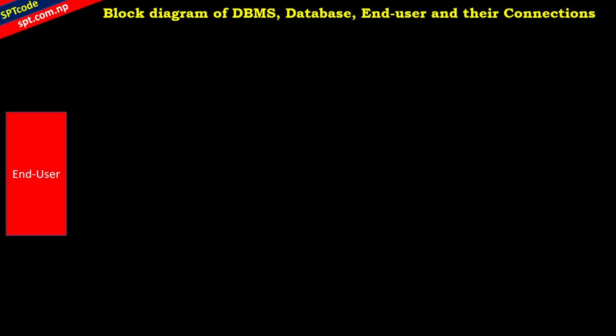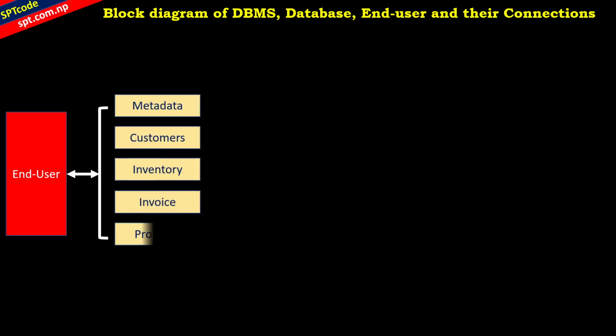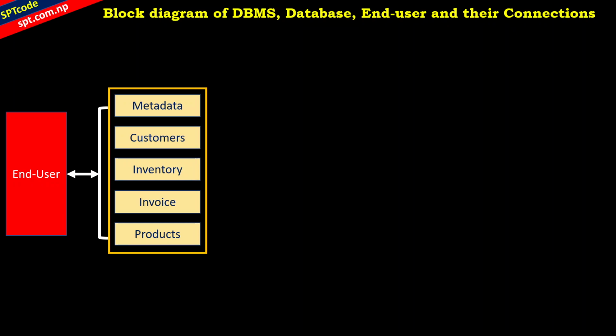So now let's see how it works. What is actually a DBMS, a database management system? If you have not gone through my previous video on database management systems, you can go through that. Here we have the end users, meaning data users or data providers, maybe an organization.